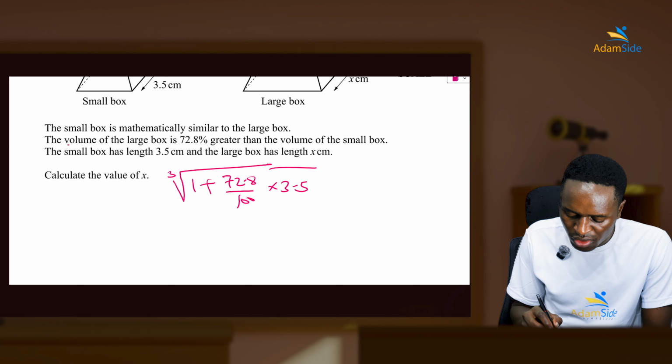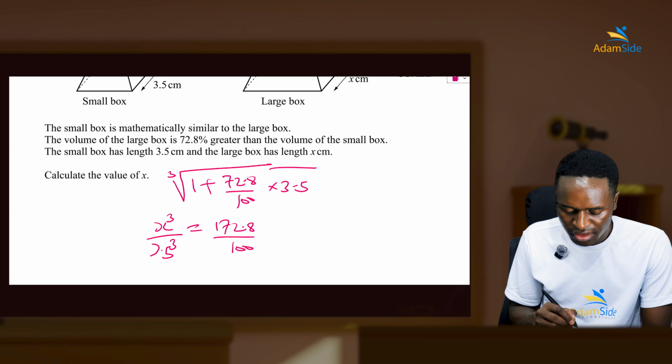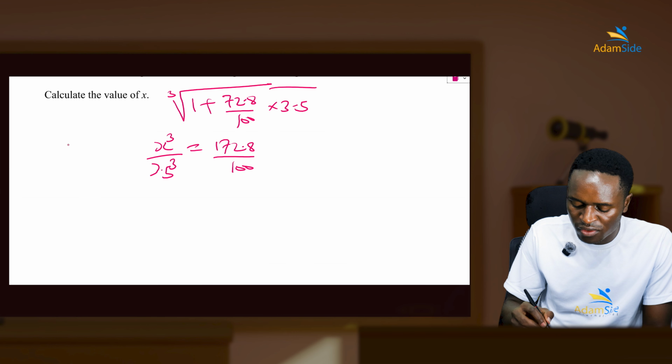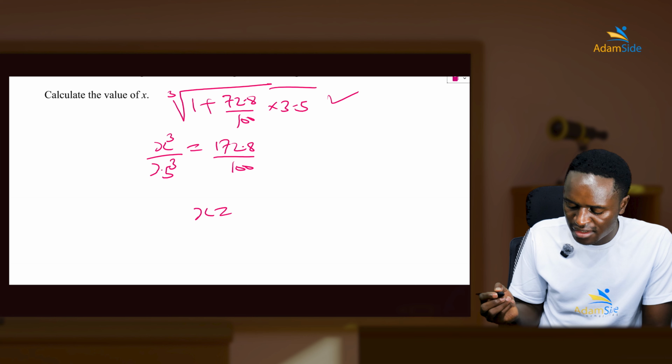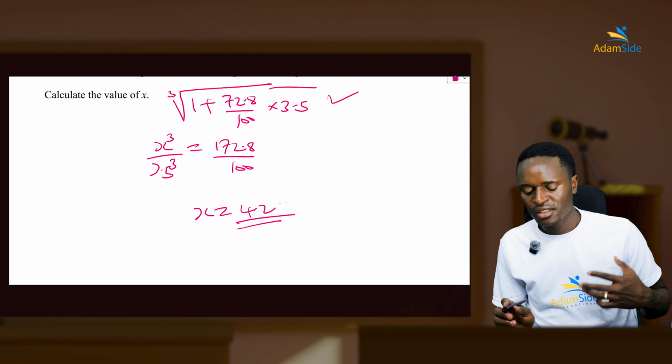But you can also equate x cubed over 3.5 cubed to 1.728 after simplifying, then cross multiply. If you cross multiply, you get your value of x as 4.2, which is the answer. Calculate the value of x: 4.2.